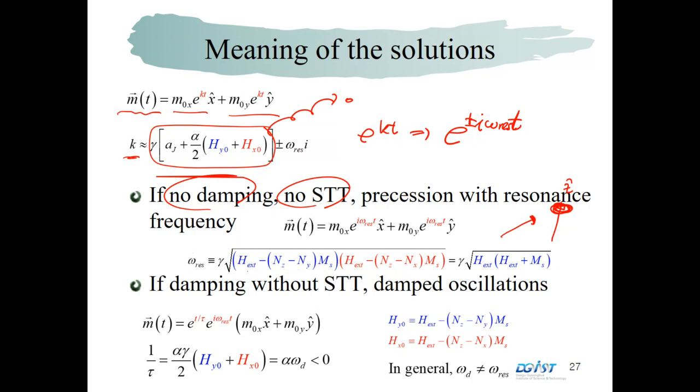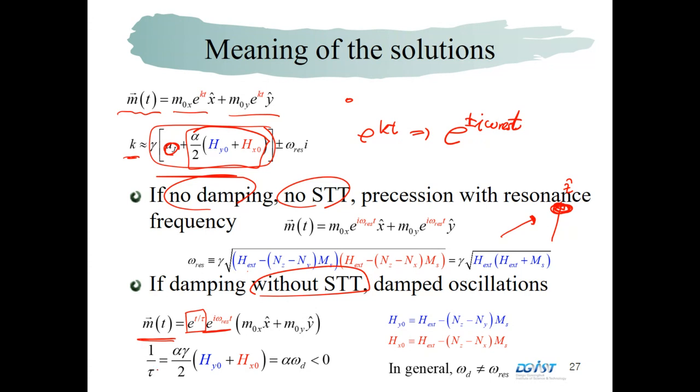Then if we have a damping without STT, if we ignore this term, we have this finite term. So here, this time-dependent M can be expressed by the resonance term and this term.